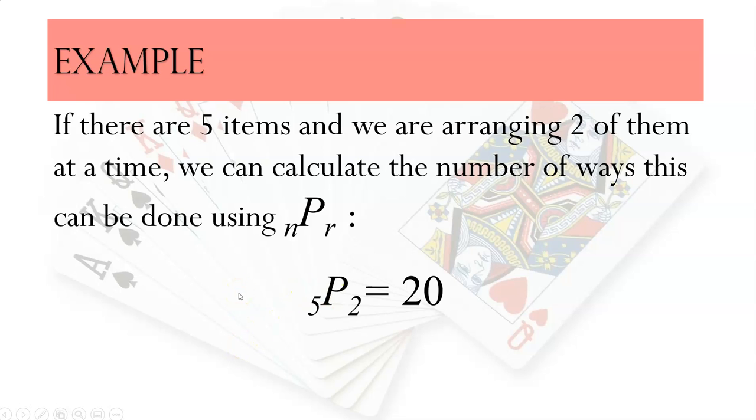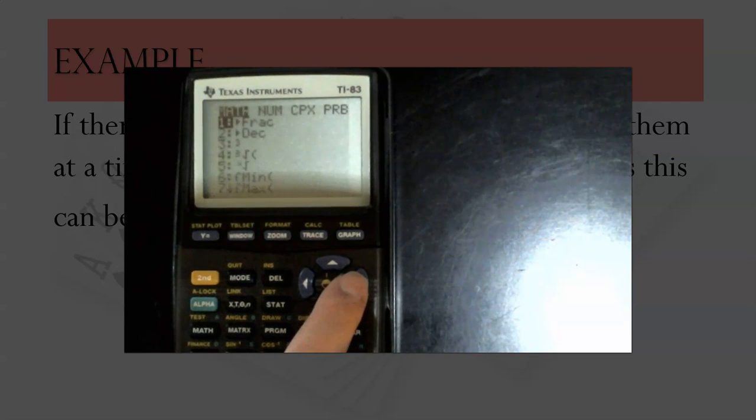If there are 5 items and we're arranging 2 of them at a time, you calculate the number of ways that can be done by putting this in as 5 nPr 2 and then press equal. On the calculator, it looks like this. The total goes first, so the 5 is first. Then I need to go back to my probability choices, so I have to hit math and go over. Most of you will just press your PRB button and then look at your choices.